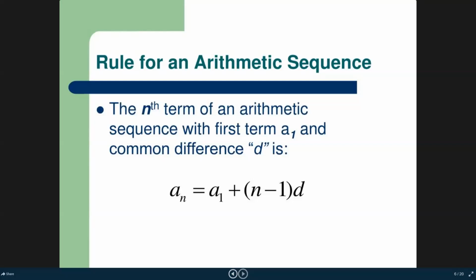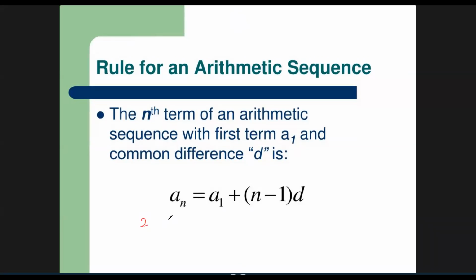Let's take a sequence: 2, 4, 6, 8, 10. The common difference d is 2.